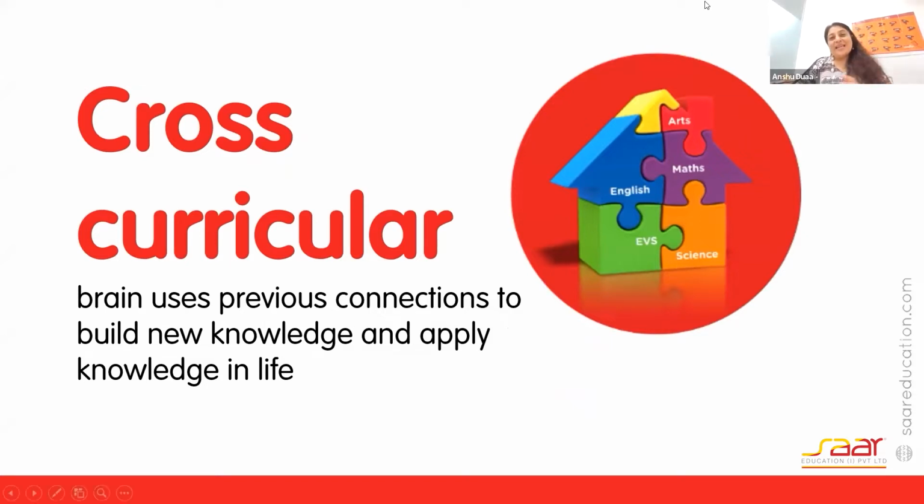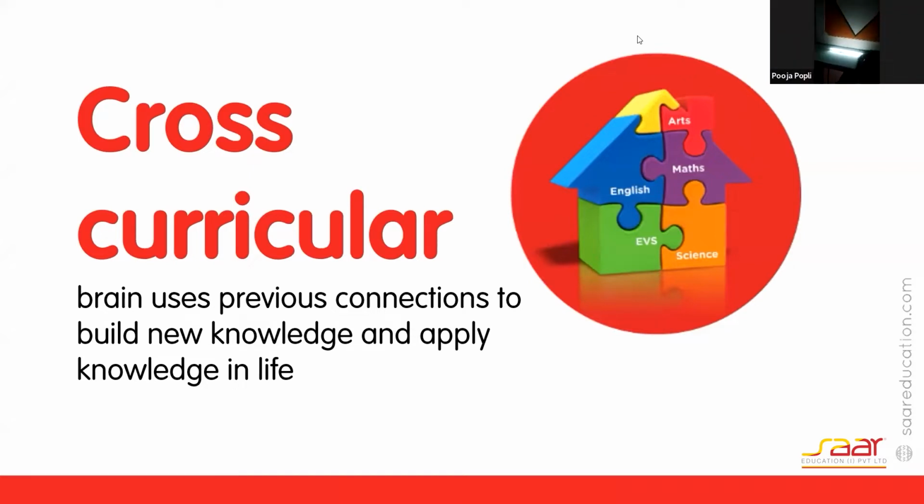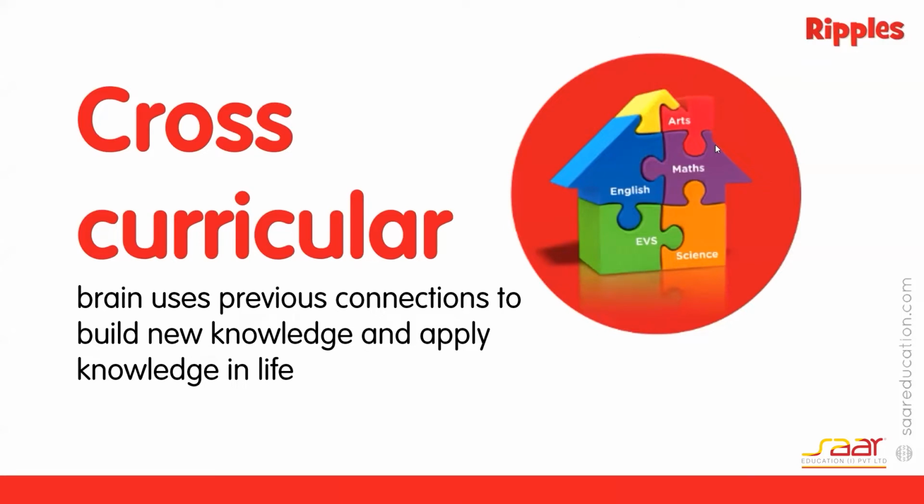When I say cross-curricular, I use an example of something that you've already done. Suppose your mom has told you how to knead the dough for roti, and you're using wheat flour. Now you have to use suji or maida.